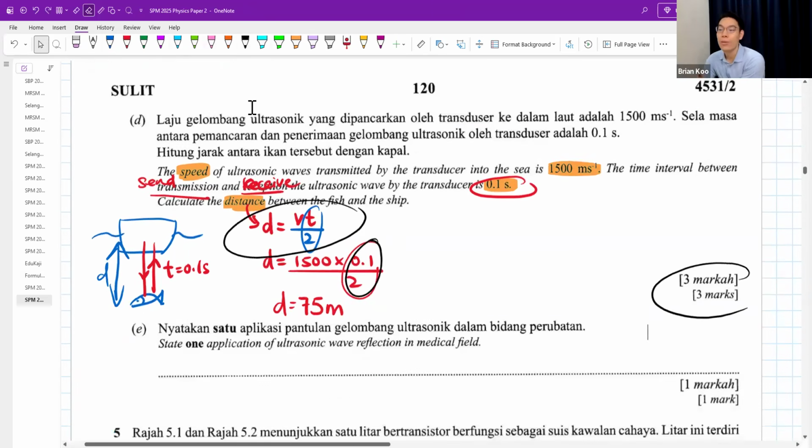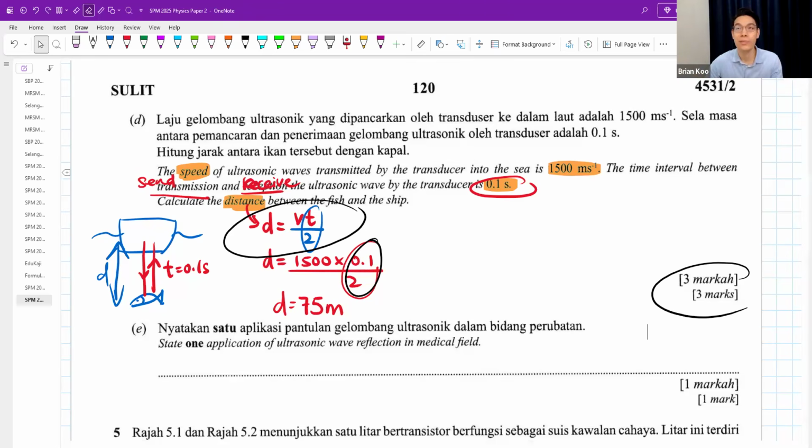Then part E, state one application of ultrasonic reflection in the medical field. We use ultrasound to scan the fetus, to scan the baby in the mother's womb. We can use ultrasound to scan muscle or internal organs also. Anything that can see underneath. It's kind of like a little brother of X-ray.